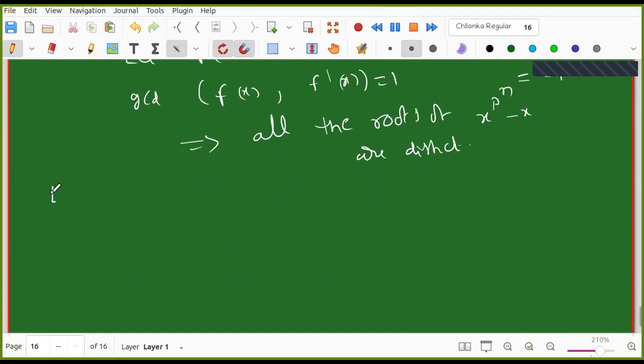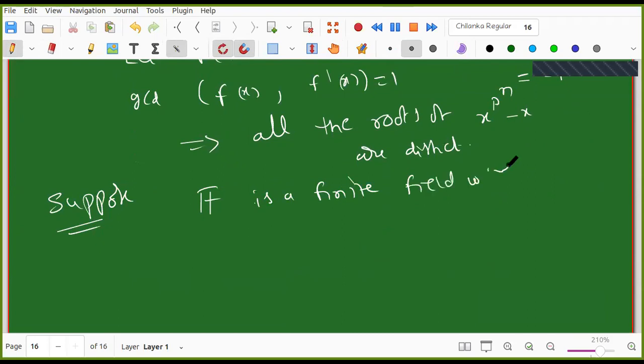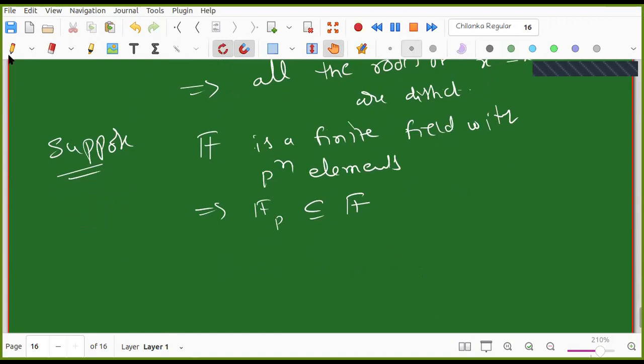Suppose now F is a finite field with p power n elements. Then what is F actually?